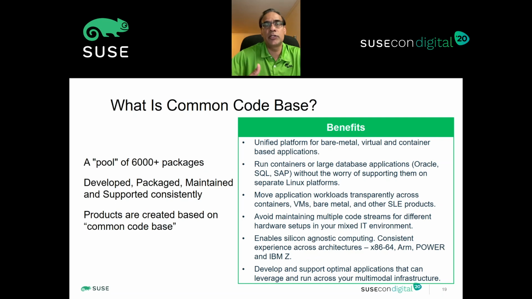And that's what your expectation should be from an OS platform, that regardless of what kind of hardware you're choosing, your application should run the same. And that's how you will be able to make optimal applications that leverage your full IT infrastructure.